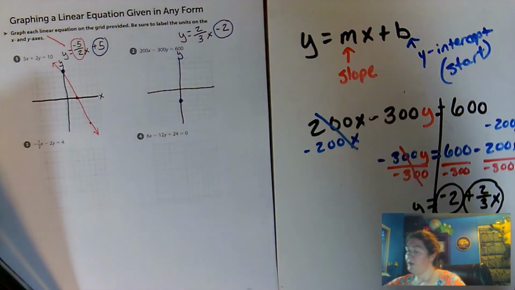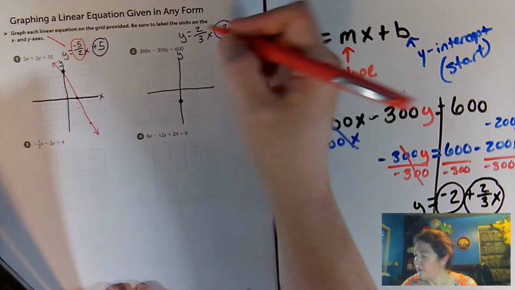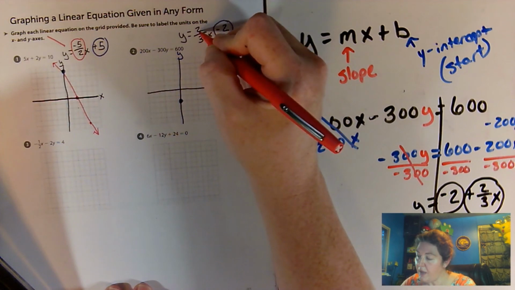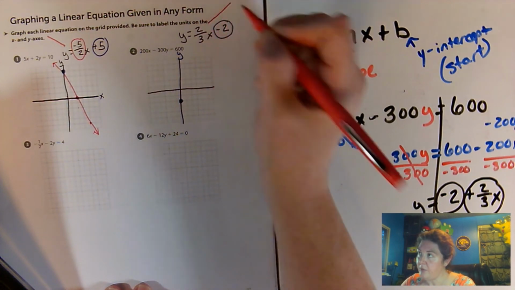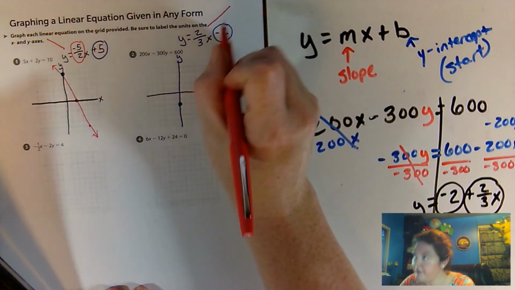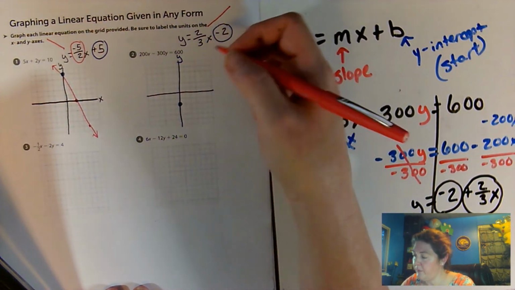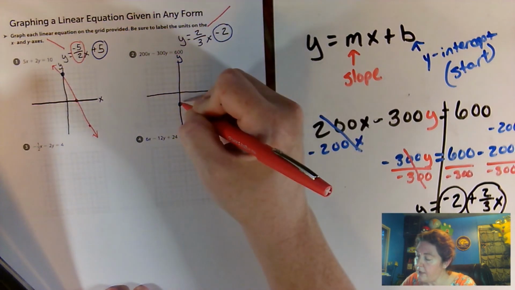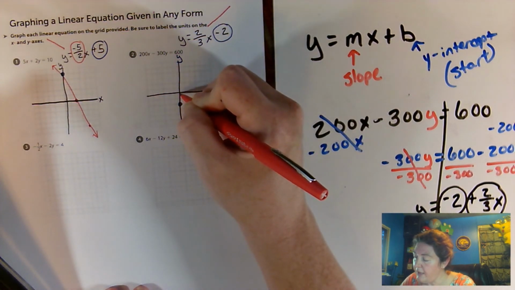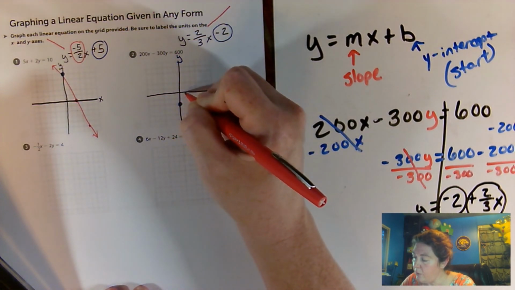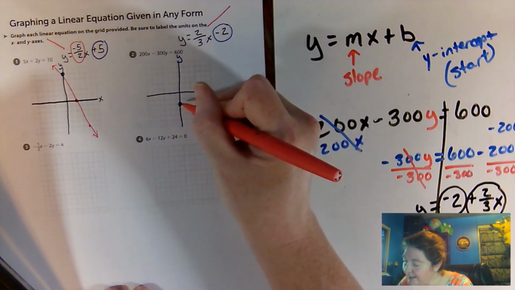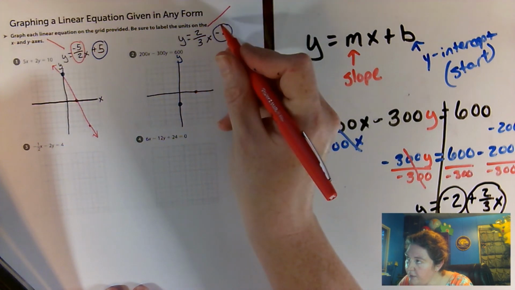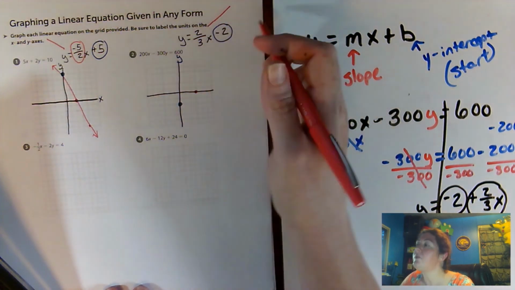Alright, I know that my slope is positive, which means I'm walking uphill. So my line's got to go that direction somehow. So I'm going to go up 2, 1, 2, and I'm going to go to the right 3, 1, 2, 3. If I connect that, is the shape of that line going to match this one? Yes, it will. So I'm going to keep going.